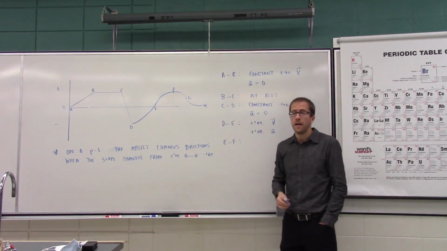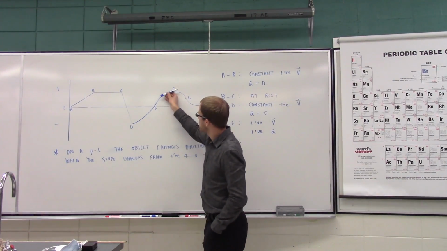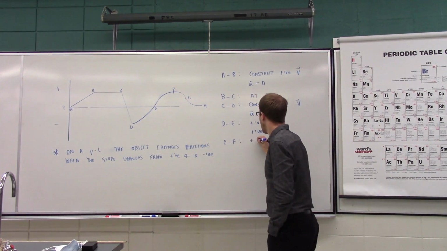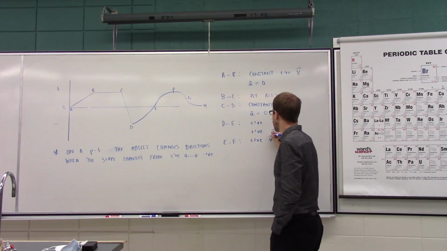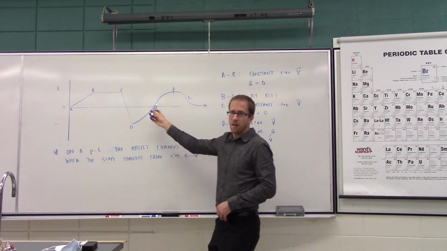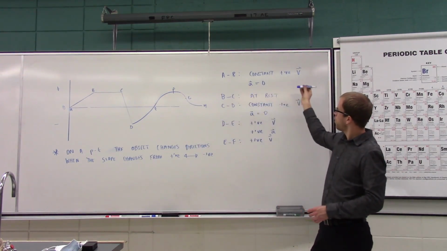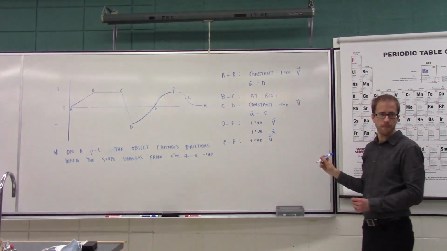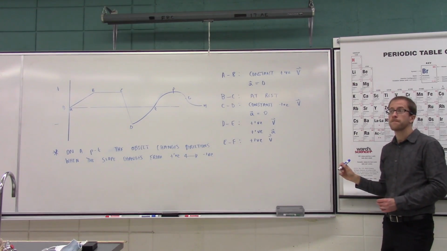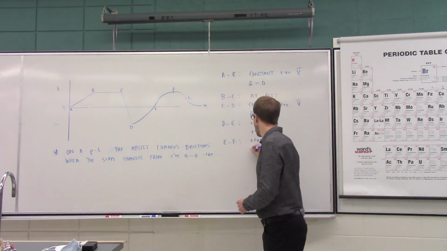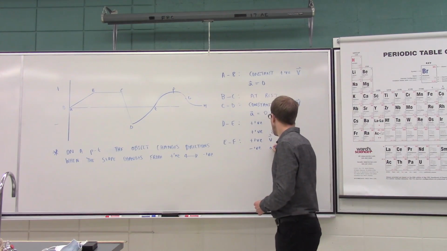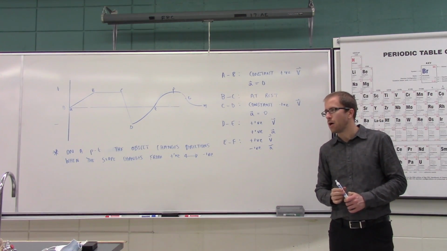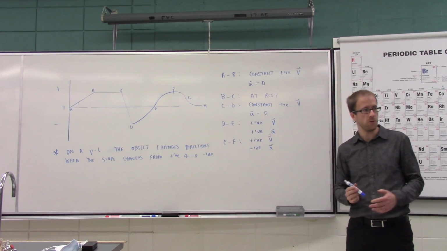You are slowing down. Is my object still traveling in the positive direction though? Yes. So we still have a positive velocity because my slope is still positive. But we are becoming more horizontal, so we are slowing down. So what is my acceleration then? Yeah, it's going to be in the opposite direction now, right? So if I am slowing down, my acceleration is in the opposite direction to my direction of motion.